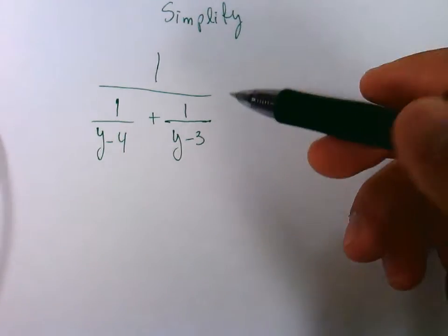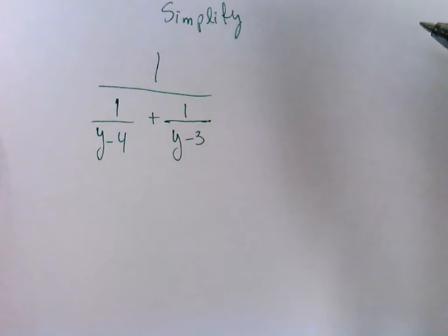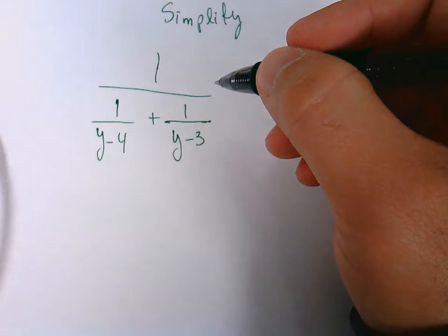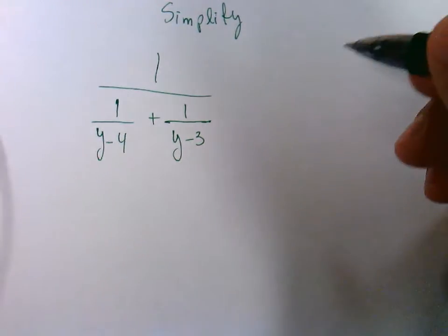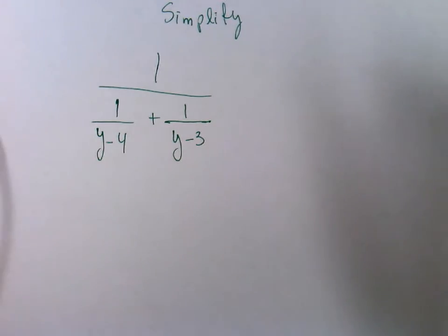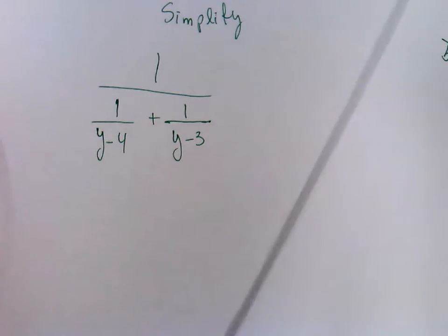We have a rational expression and we need to simplify that expression. Now, this is actually easier than what you think it might be, but in order to be successful at this, there are some things that we need to remember or recall.